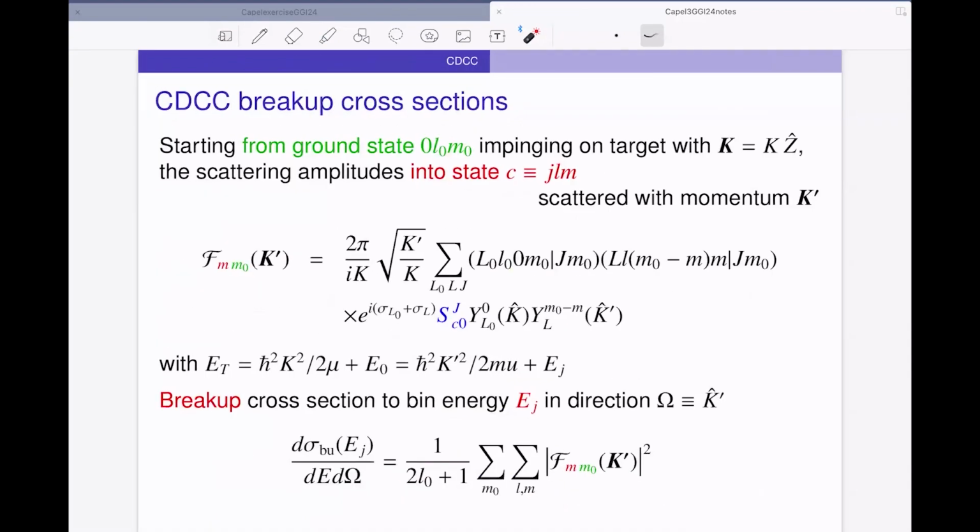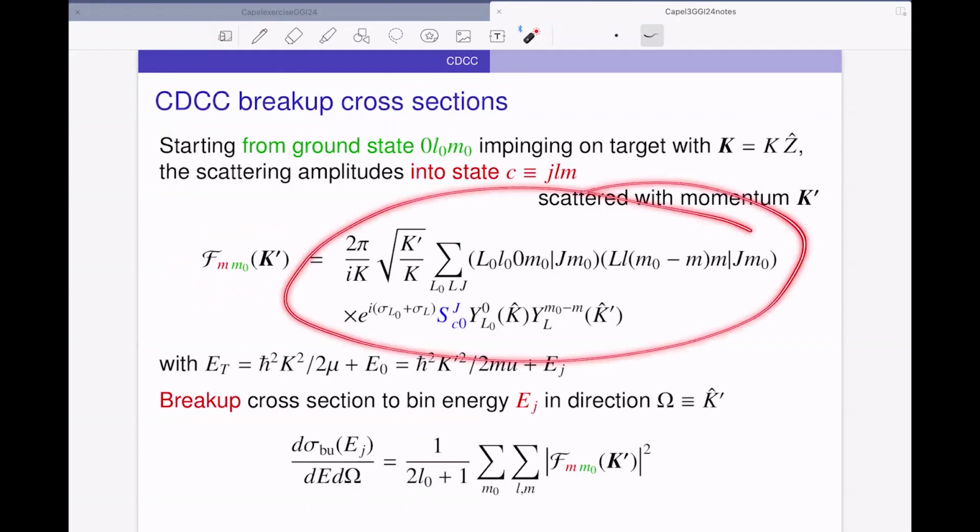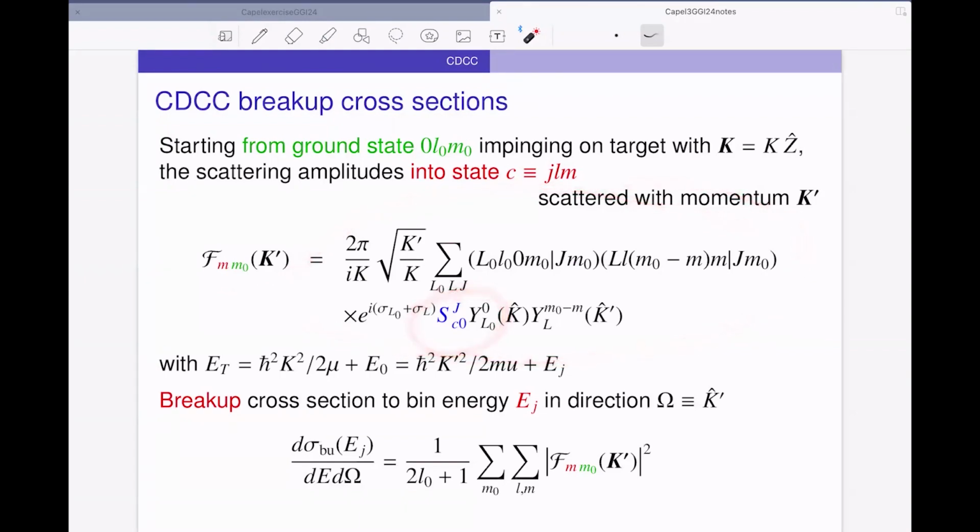And from that S matrix, with a little bit of math, you can build a sort of scattering amplitude that includes a breakup amplitude, an amplitude in all the different channels that you can have, which has this kind of expression where the S matrix appears once again. And the breakup cross section is obtained as always as the sum, in this case over the different contributions, of the square modulus of this scattering amplitude. So it's very similar to what we've seen before, but it's much more complicated.